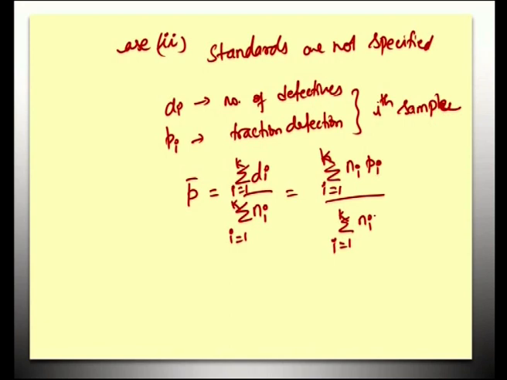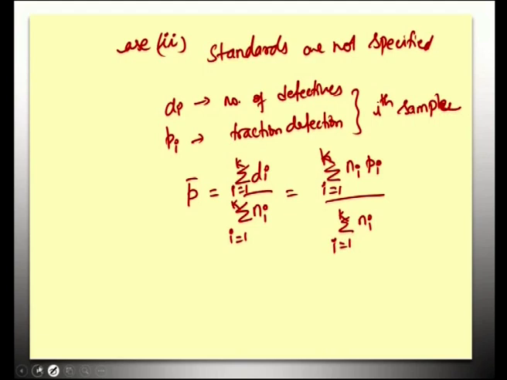Okay. There are going to be k samples, for each sample there will be a sample size and a proportion of defectives, a fraction defective. For example, I will just write here, this is the first sample, 1, 2, 3 etc., i, and so on up to k.